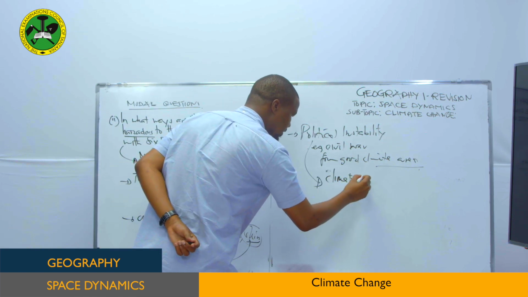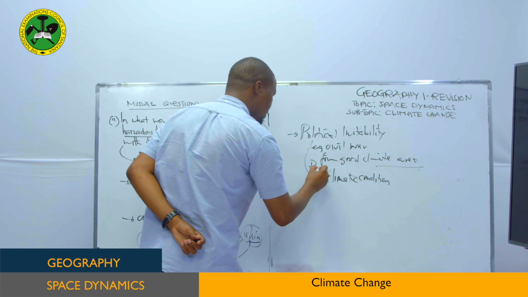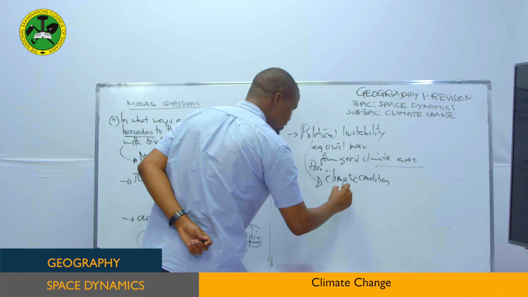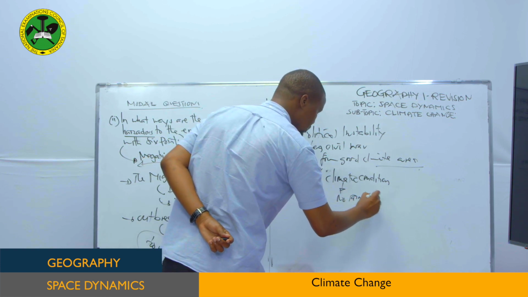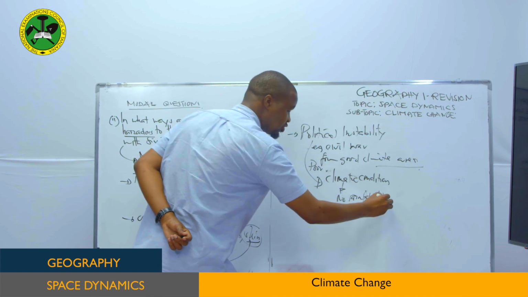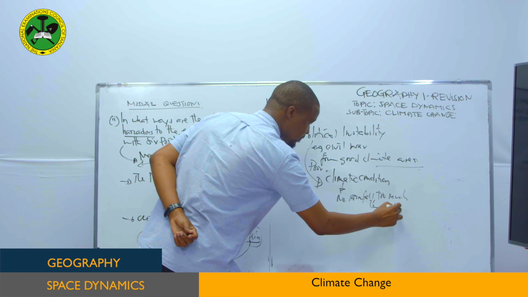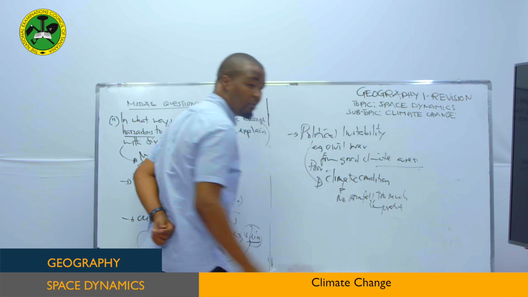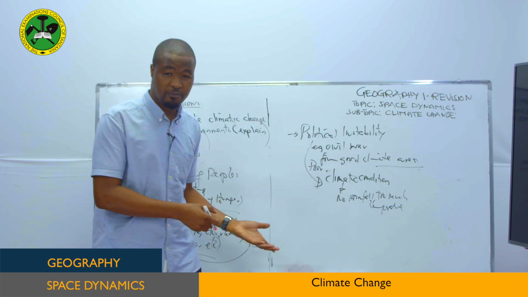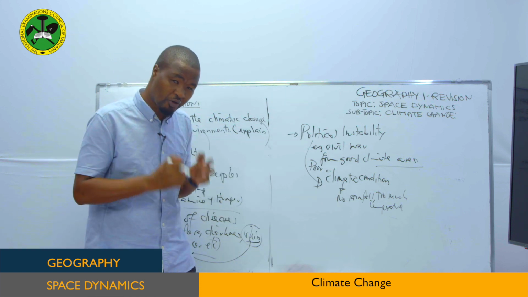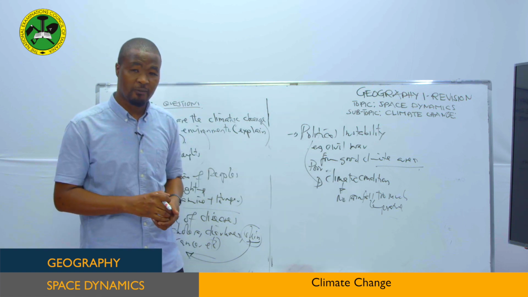Poor climatic condition means no rainfall, too much temperature. Are we together? These people want to shift from their home of origin to where they may find a good climatic condition.